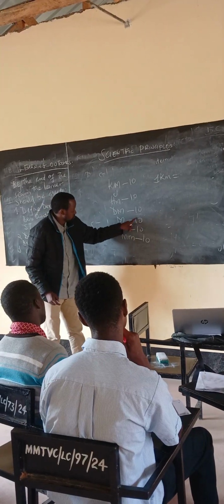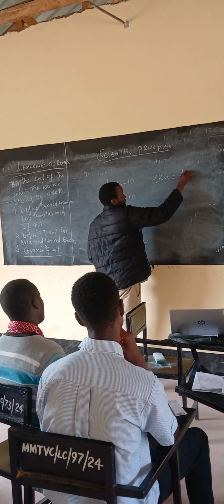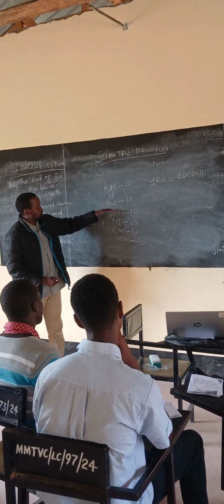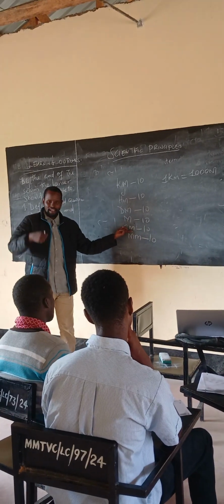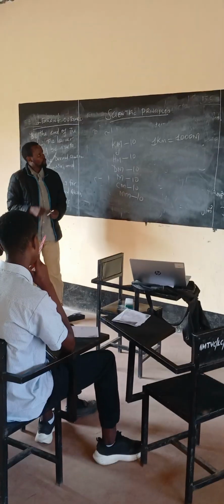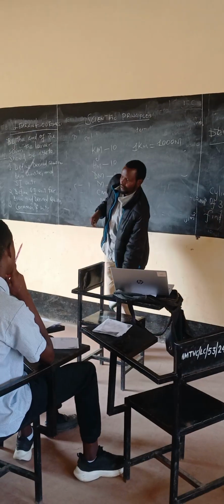Divided by 10 because it is in 10. 1,000 meters. So now, when you want to know how many meters are in a centimeter, you just count. So 10 multiply, right? So I think we have come to the end of the lesson.